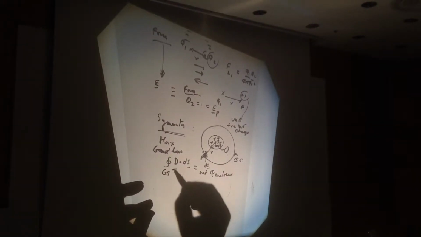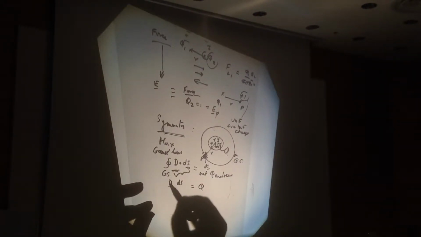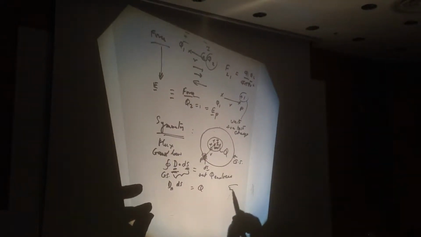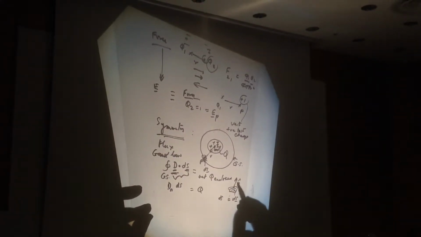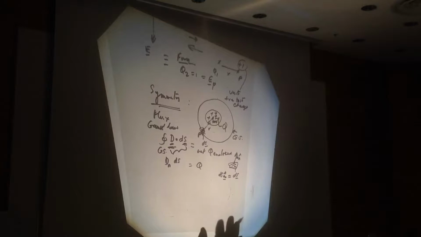This D dot dS vector, we saw already, actually means D normal times dS, the normal component of D times the scalar dS, because the vector dS is defined as the scalar dS times the unit normal vector. This is very standard.